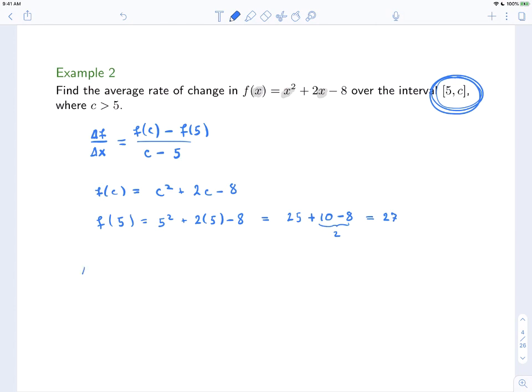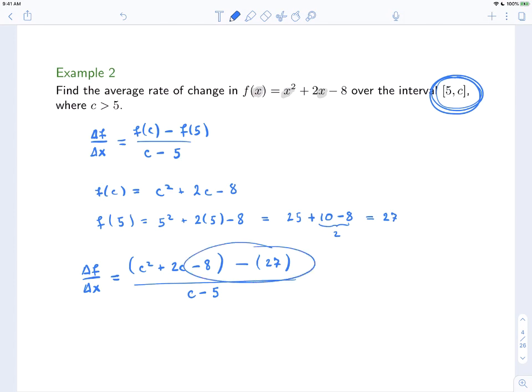So that means our average rate of change, delta f over delta x, is going to be c squared plus 2c minus 8, so that's f at c, minus f at 5, which is 27, and we're going to divide this by c minus 5. So we can simplify this a little bit because we have this negative 8 minus 27.